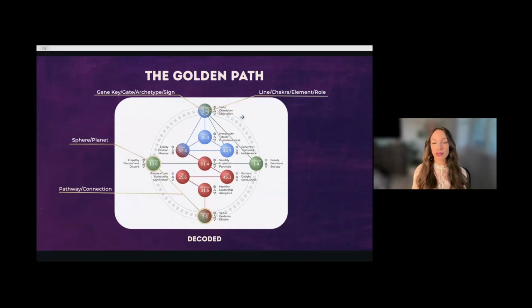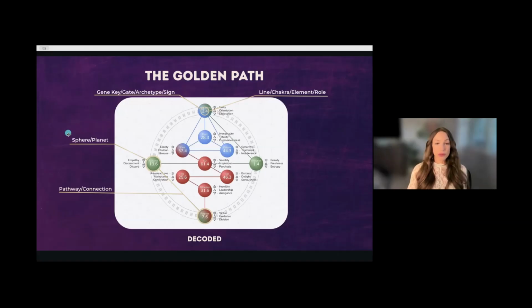If you don't tune in and open through that chakra, that element, that role, it's going to be difficult to live out that signature, that gene key gate in a higher frequency. So knowing that when we come through the body, when we come through the element, that is where we can fully step into that key, especially in the true self frequency.